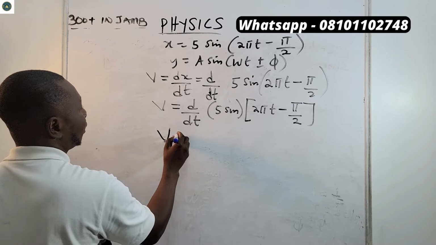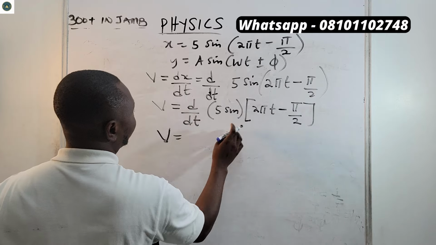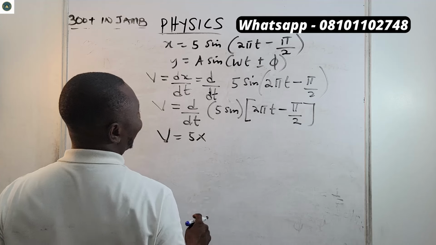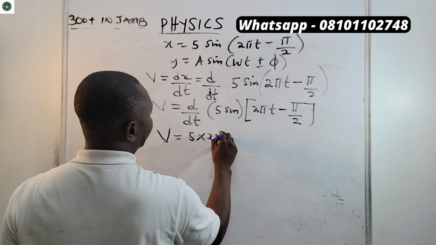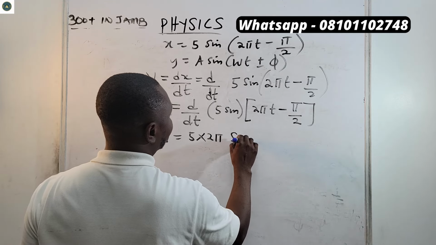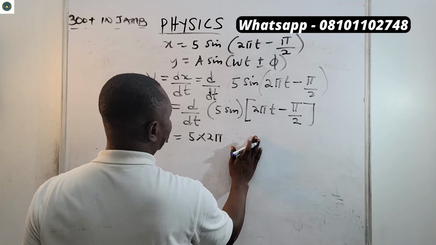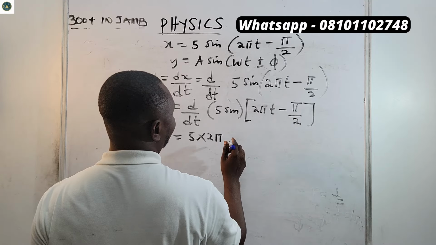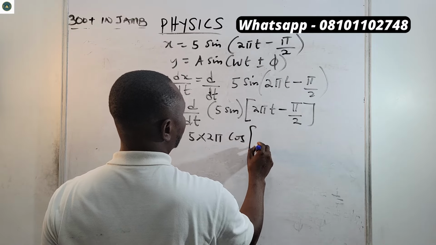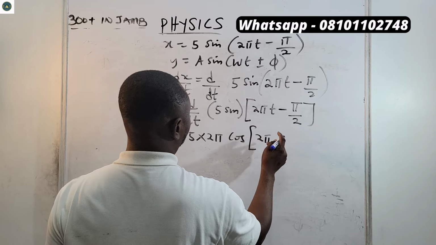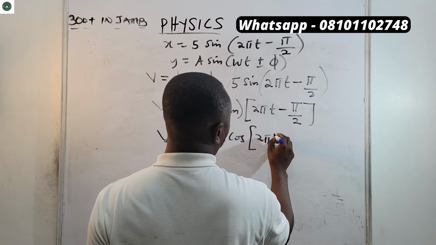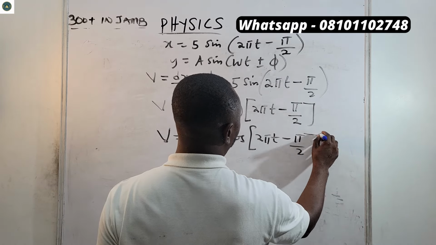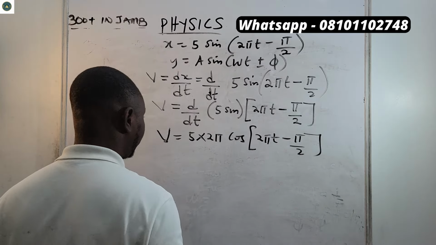So definitely for this, my velocity is d/dt of this. Sorry, if you differentiate sine, you have cos. So I'm going to have 5 times 2 pi cos, 2 pi t minus pi over 2.